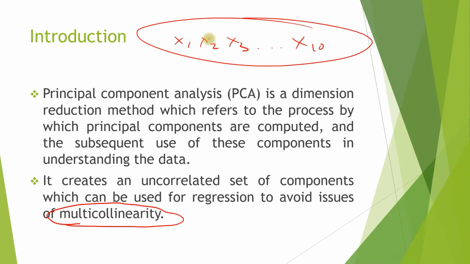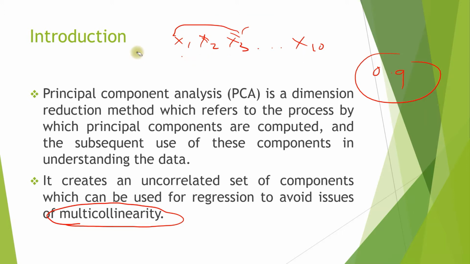You have correlation among these different variables. Suppose you might have a very high correlation of, let's suppose, 0.9 between x1 and x3. Then it's not necessary for us to use both of these variables. We could use only one, or we could use a transformed version, which we are going to discuss in the principal component analysis.